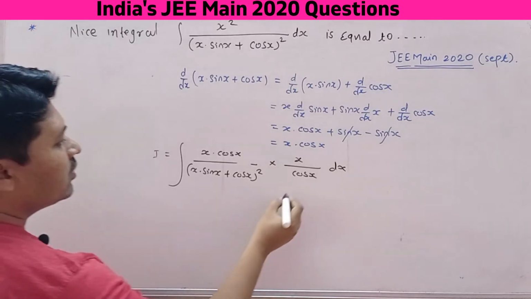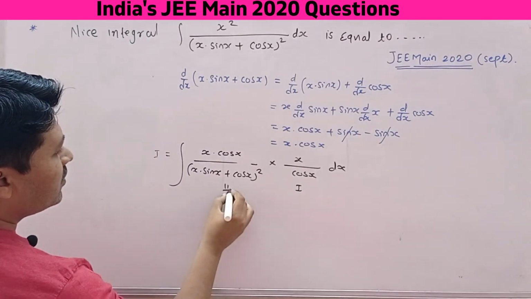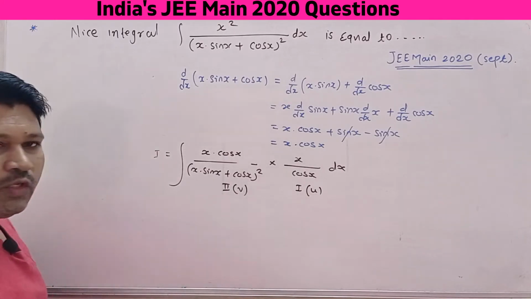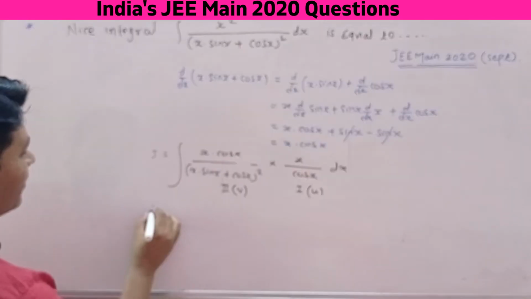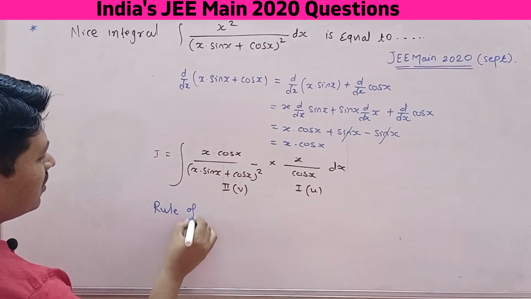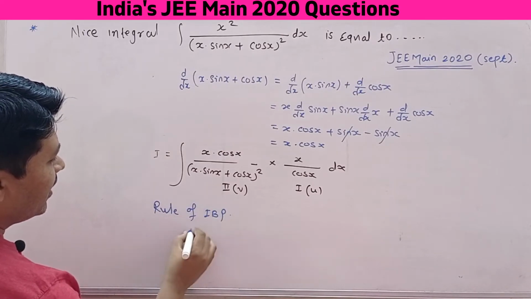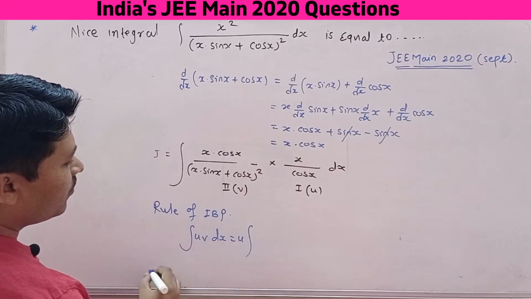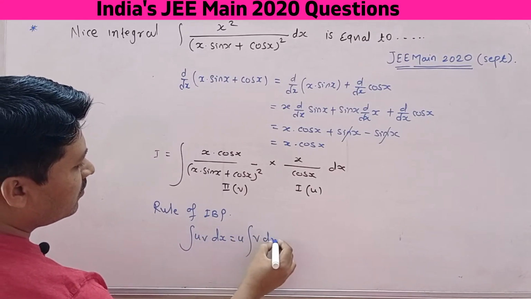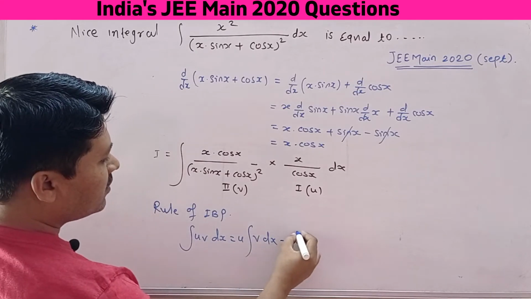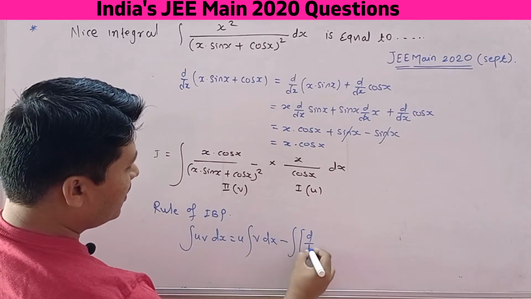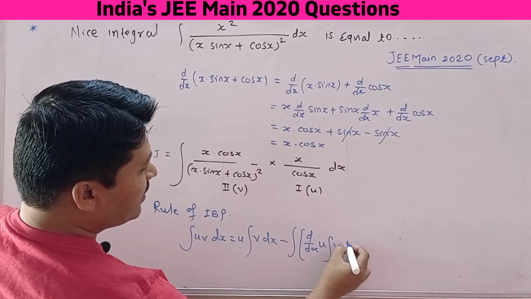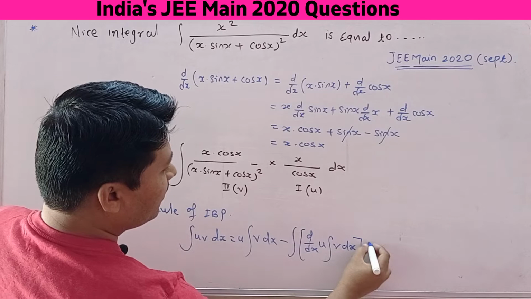Now consider this as the first function, u, and this as the second function, v. We know the rule of integration by parts: the integral of u v dx equals u times the integral of v dx, minus the integral of the derivative of u times the integral of v, dx.